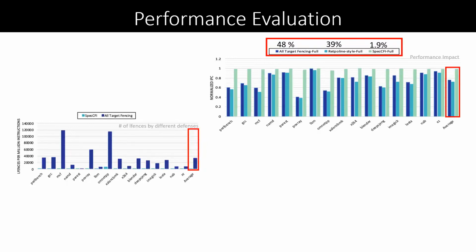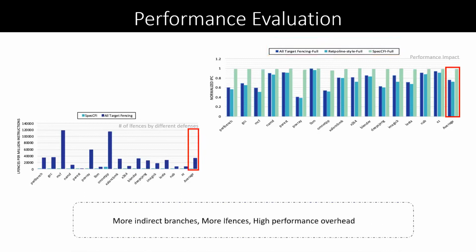This causes the number of inserted lfences to drop significantly and reduces the performance overhead to only 1.9% on average. We studied the number of lfences inserted by different defenses. We can see that the number of lfences inserted by SPECCFI is much less than the others. That is in line with our performance result.